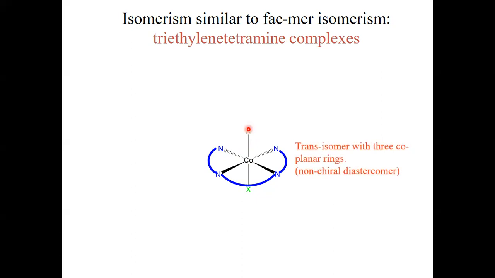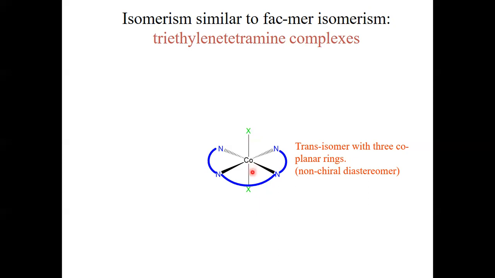This is therefore called the trans isomer, because these 2 remaining ligands X are in opposite positions. So this molecule here is not chiral.